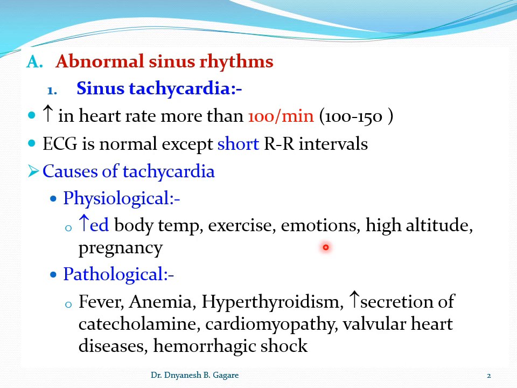Then in different emotions there is also an increase in heart rate. Even if you ascend to a high altitude, where there is a decrease in the partial pressure of oxygen, the heart rate increases. Then in pregnancy the heart rate also remains high, up to about 40% maximum. So these are the physiological causes of sinus tachycardia.